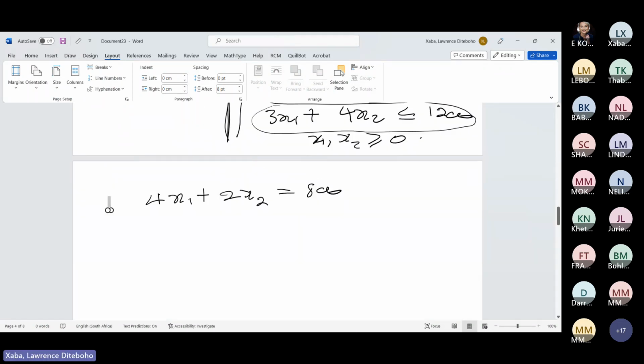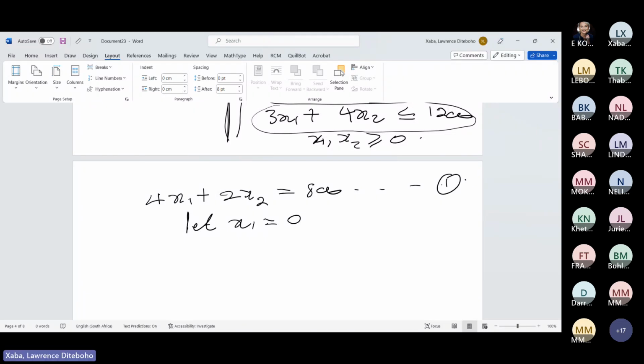So remember, our objective is to have two values from this first equation. Let's say this is equation 1, step 5. So what do we do now? We let x1 equal to 0. Why? Our interest is to find x2.